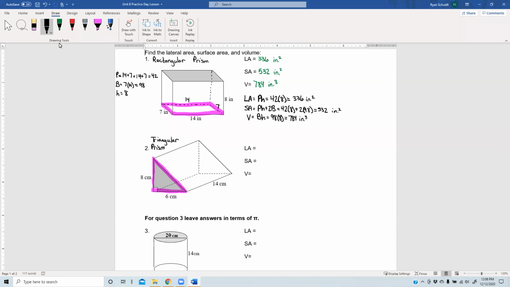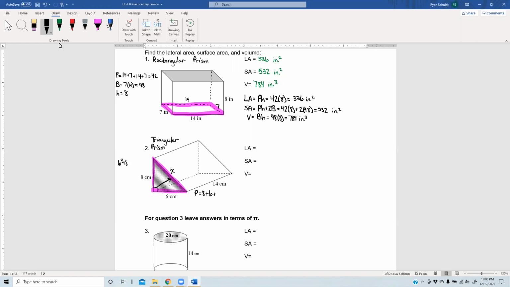Okay, so let's start. We need P, B, and H. Let's do P. It's going to be 8 plus 6 plus, stop. I don't know this side right here. I'm going to have to use the Pythagorean Theorem to get it.